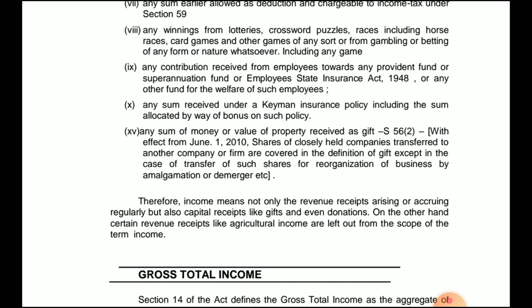If you get income by sale of goods, that is a revenue receipt, but that is not the only income under income tax. Income can be revenue receipts as well as capital receipts. Income can be the current income, what you are receiving right now, and even income can be the accrual, which is yet to be received in the future. That is also treated as income under income tax.